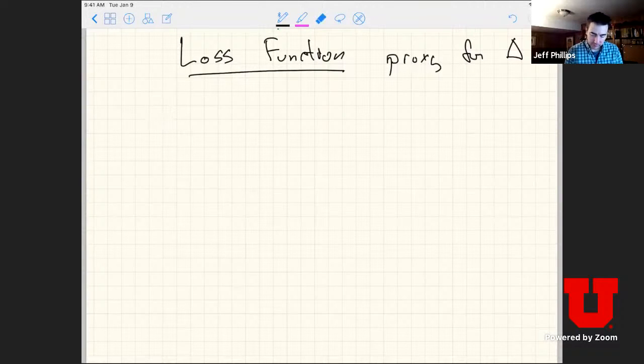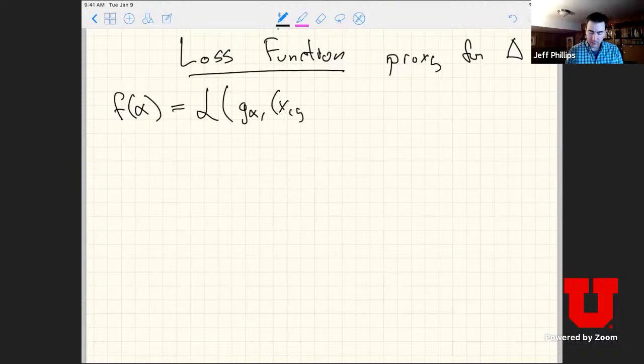Let's call this f of alpha. I'll use f as a function because we're going to run gradient descent. It's going to be a loss function on g of alpha, x, and y, right? This is not quite going to be the delta function, but we're going to see in what ways it is close.